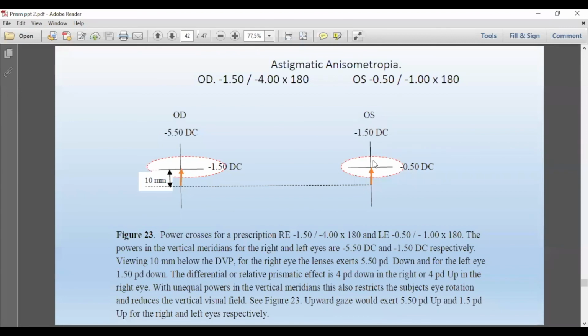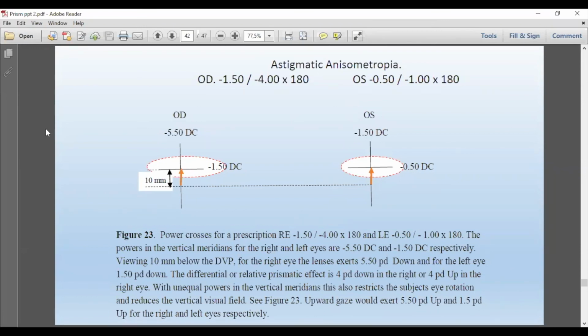And over here, I've only got 1.5. So now your prismatic effect is 4 prism diopters. So it's pointless choosing a large frame if I'm only going to use that part of the lens. It's very important. I mentioned this right in the beginning of the lecture: everything to do with lenses is prism. Not only prescribed prism, but in cases like this.